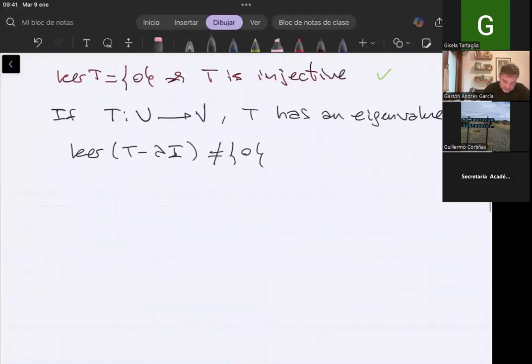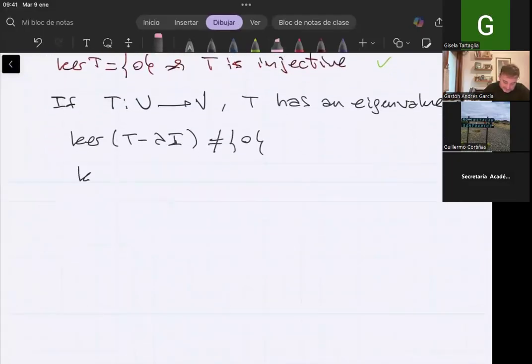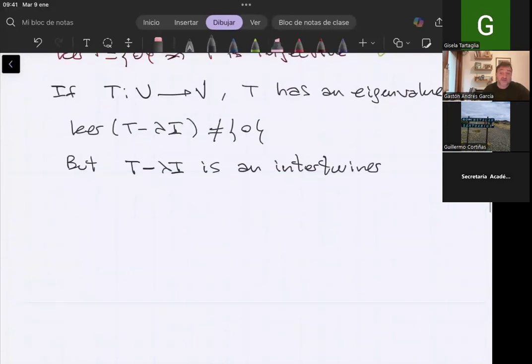But what we know is that T is an intertwiner, and any multiple of the identity is also an intertwiner. So T minus lambda times the identity is also an intertwiner between V and V, which is irreducible.